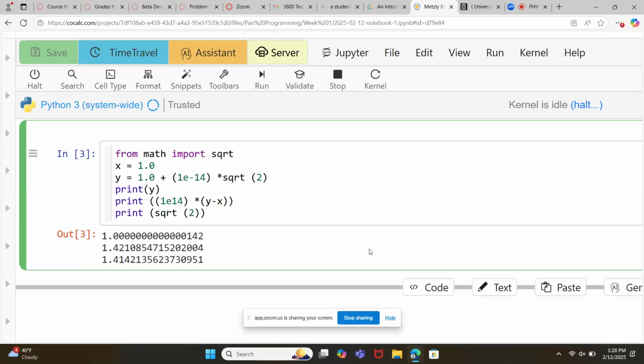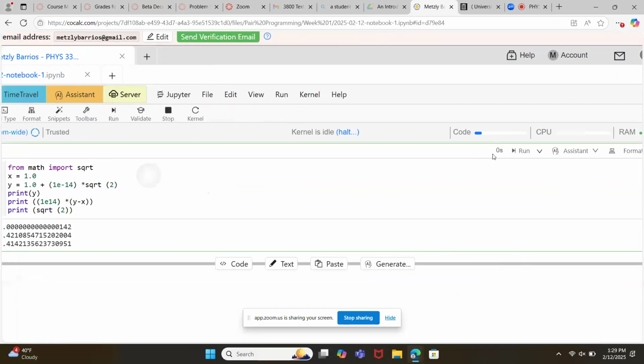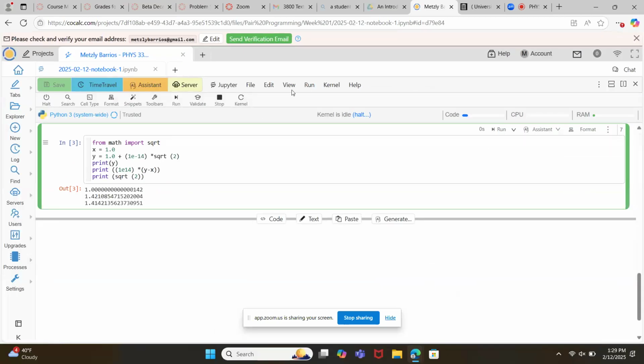Someone write down just the first three numbers here, 108. Or I guess we can remember them. Now, Metzli, can you restart the kernel? So restarting the kernel will delete everything from memory, I hope.